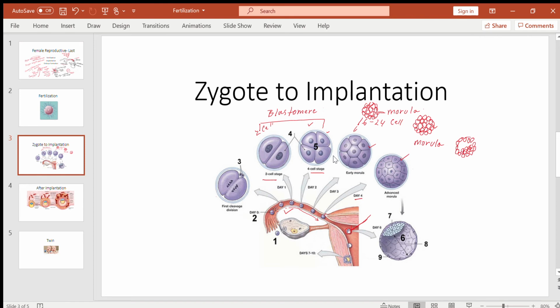Okay, and this stage is called blastocyst. So this is a blastocyst. No more a solid ball. It has a cavity, and this cavity is called blastocele.